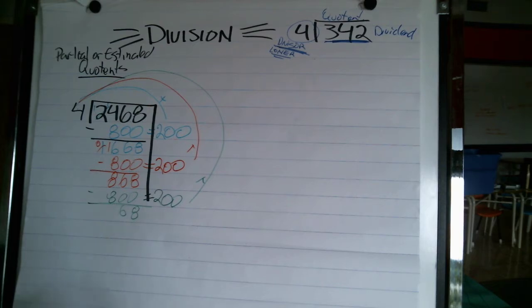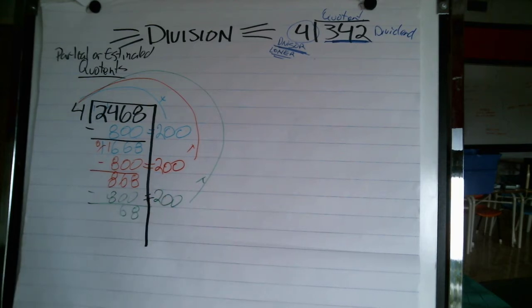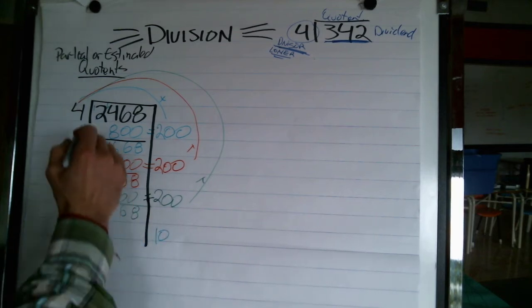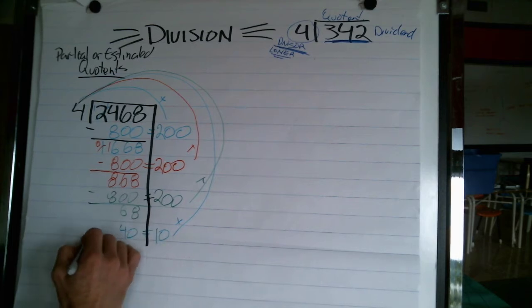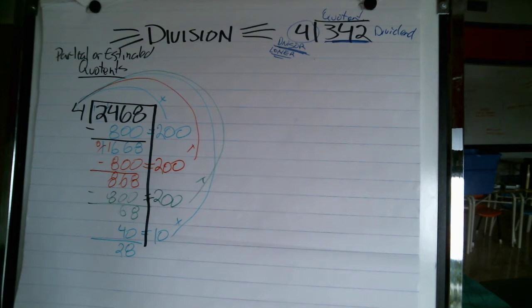Now, I know 4 goes into 40 10 times. So I'm just using really easy numbers. You don't have to make this complicated. So let's take out 10. 4 times 10 gives me 40. When I subtract, I get 28. Now, does 4 go into 28? That's a good question.